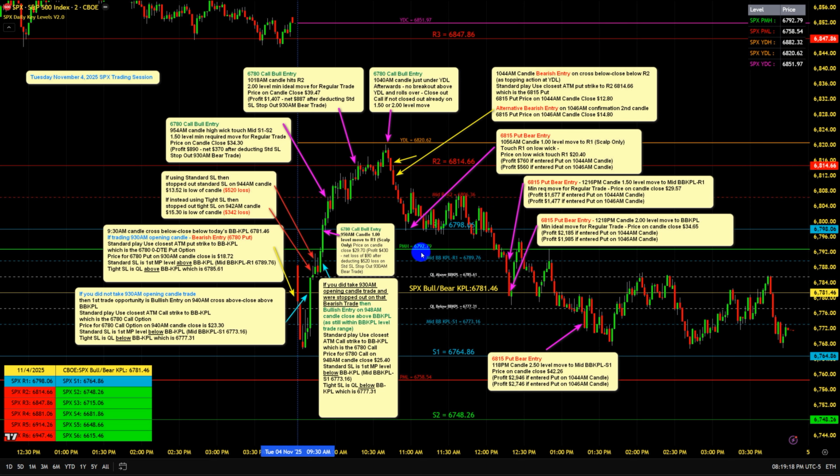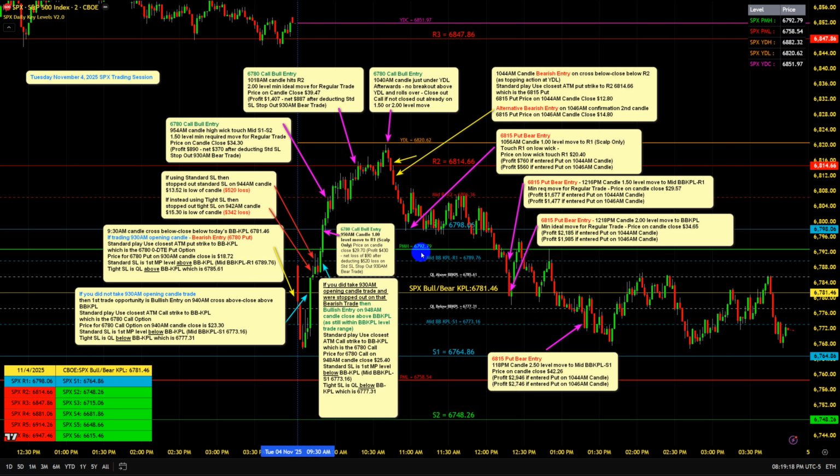Conversely, for bearish, typically it's going to have to at least trade below the bull bear KPL, and for a substantial down move, it's going to have to trade through the pre-market low as well and start consecutively closing candles below that as well. The YDC, YDH, and YDL levels are also very important. As you'll see today, the importance of the YDL level comes into play.